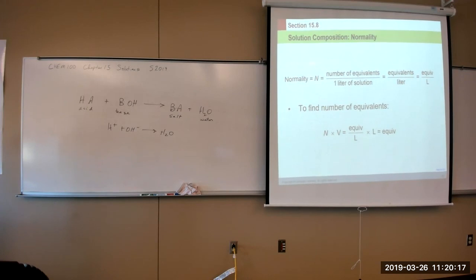And the term is normality. So the number of equivalents per liter is normal. So 1 normal hydrochloric acid only has 1 hydrogen, is the same as 0.5 normal, 0.5 molar sulfuric acid, because it has 2 protons. So they're both 1 normal, but sulfuric acid is a half molar. Okay.